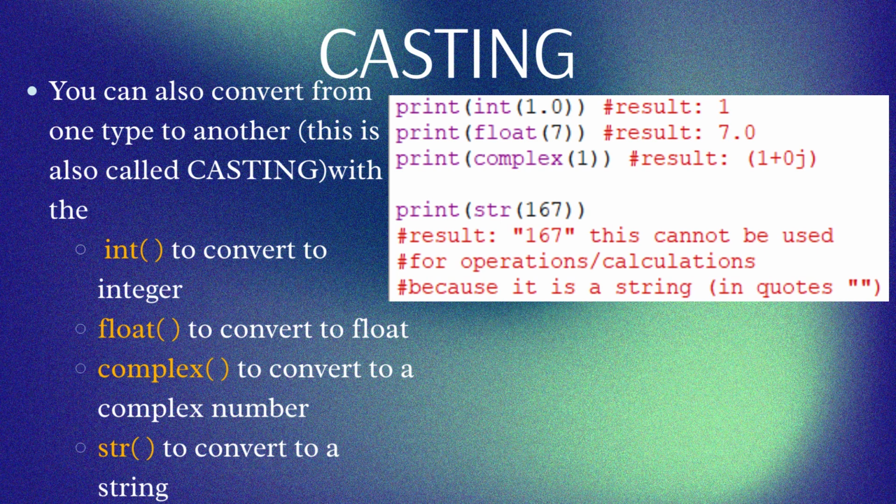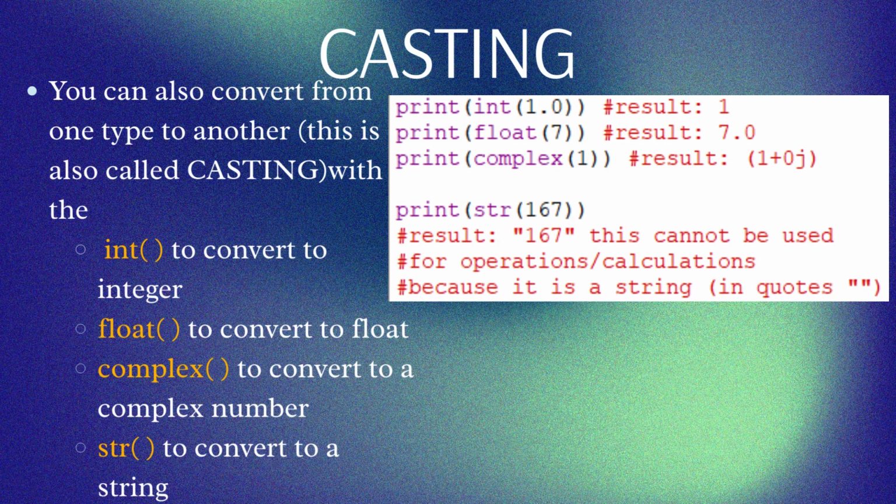So if you have, let's say, the float number 1.0 inside the integer parentheses, and you print that out, then you get 1. Also, if you put an integer like 7 inside the float parentheses, then you get 7.0 because that's a float. If you put 1 inside the complex parentheses, then you get 1 plus 0j.